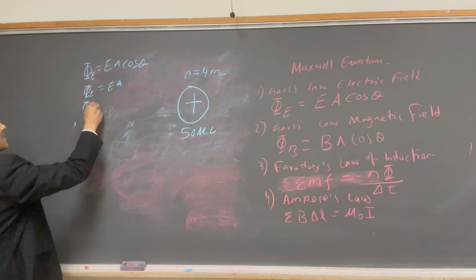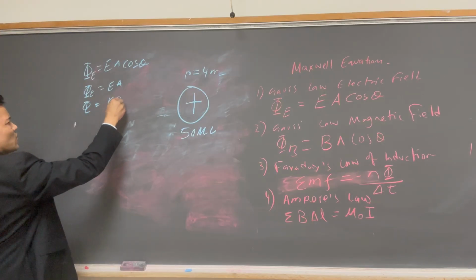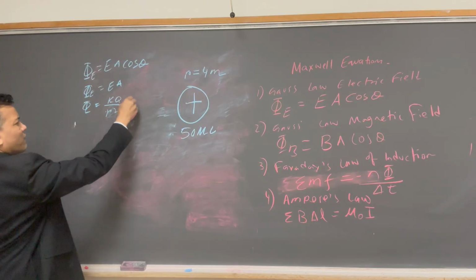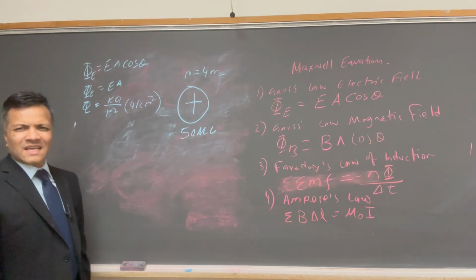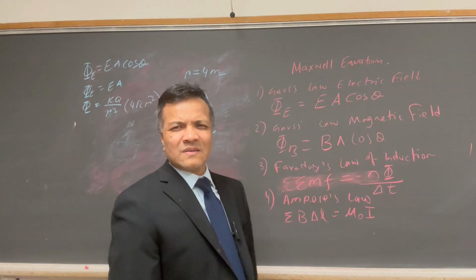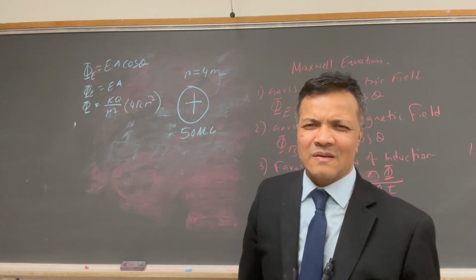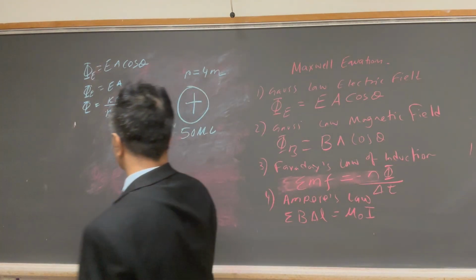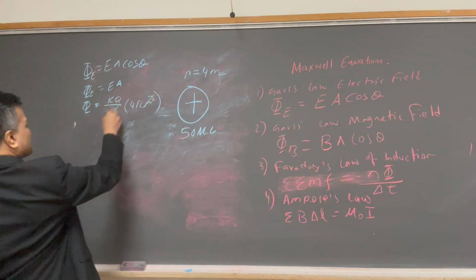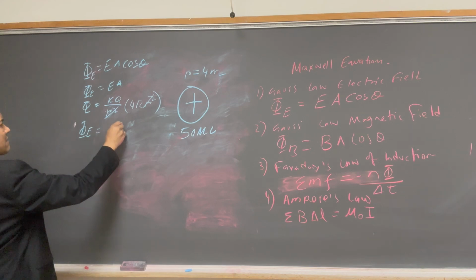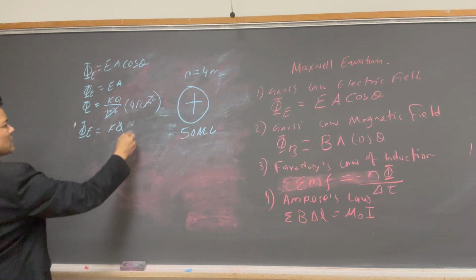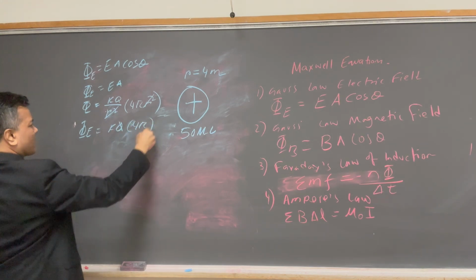What is E? kQ over r squared. What is A? 4 pi r squared. That's the surface area of a sphere. r squared cancels. So the flux is equal to kQ times 4 pi.